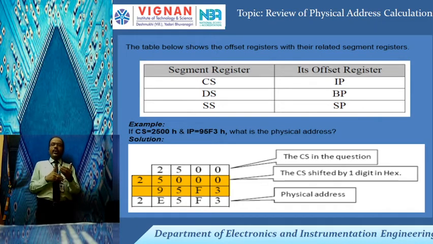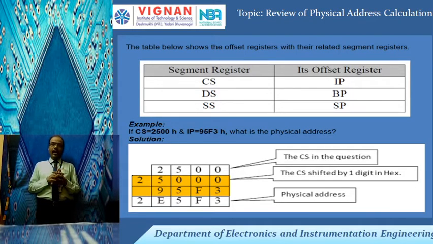In a similar way we have many segments, and we have to calculate the physical address for each. There are segment registers that hold the segment address, and offset registers, which may sometimes be general purpose registers acting as offset registers, and sometimes separate registers called pointer registers that hold the offset address.